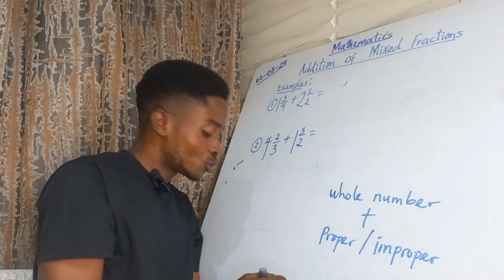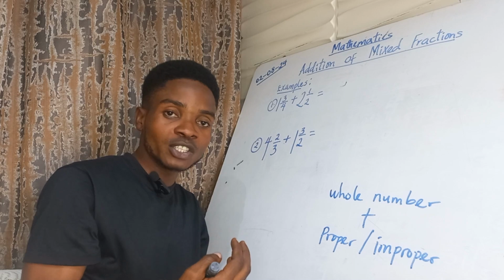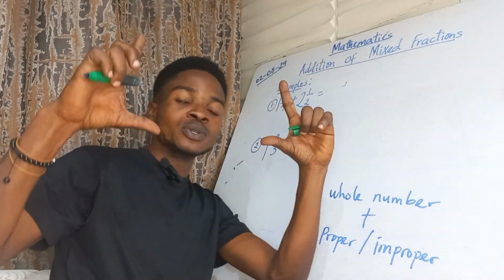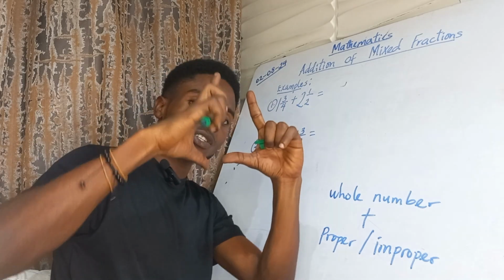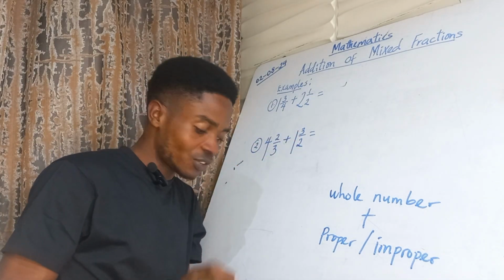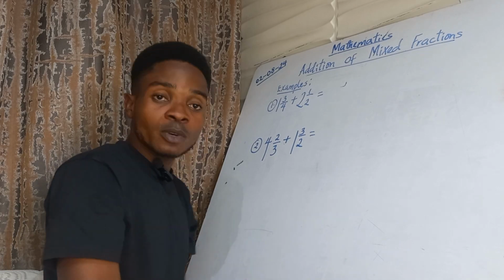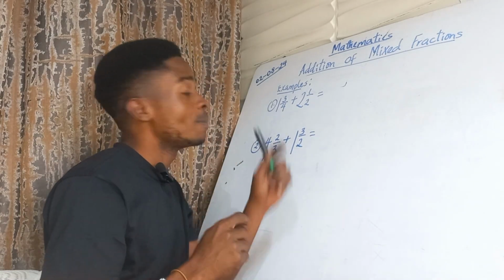You understand now? So that's what we call a mixed fraction. A mixed fraction means that you have a whole number together with either a proper fraction or an improper fraction. Do you understand? So, not to waste too much of our time, let's quickly come back to this.